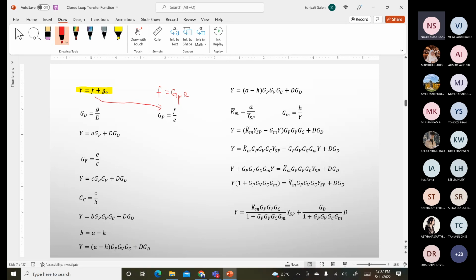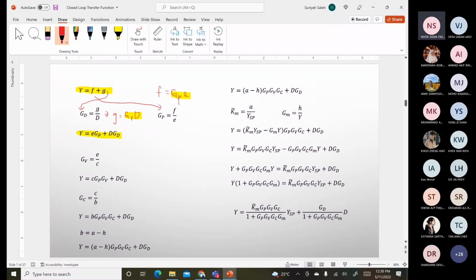And then the G here is based on the disturbance transfer function, where you have the GD equal to G over D. So when we rearrange the equation, you get the G equal to GD multiplied by D. So this F and G then will be substituted into the Y equal to F plus G. So you have the GPE, you have the GDD, you put back into the original equation, then you can get Y equal to E multiplied by GP plus capital D multiplied with the GD, the disturbance transfer function.